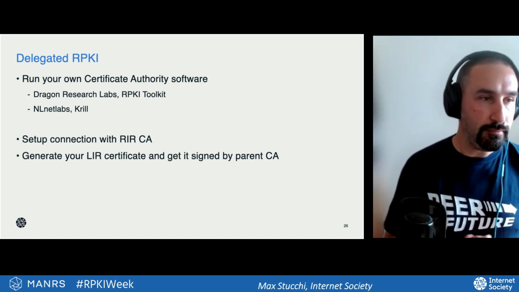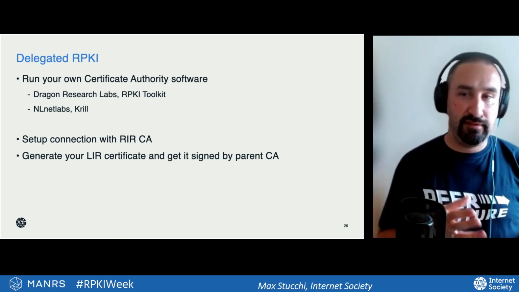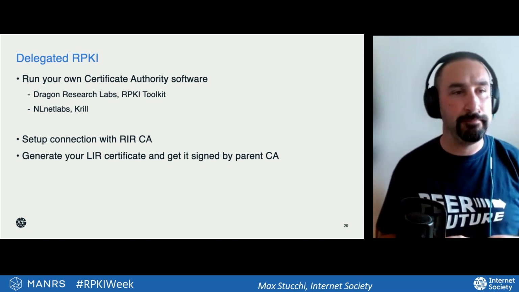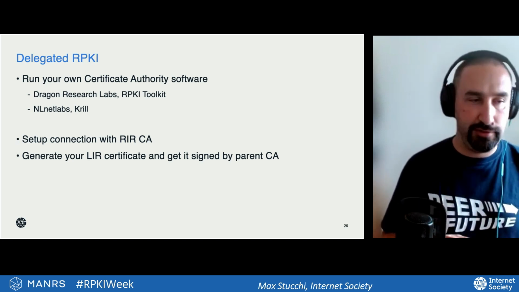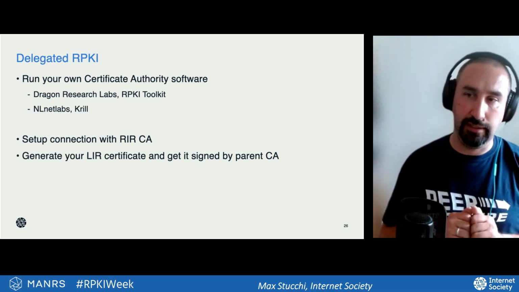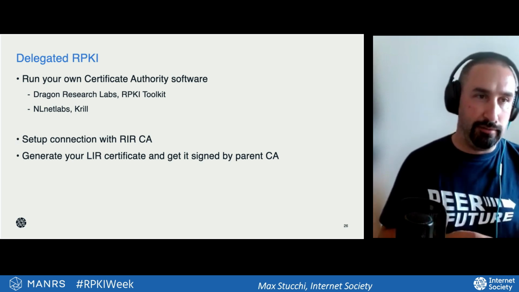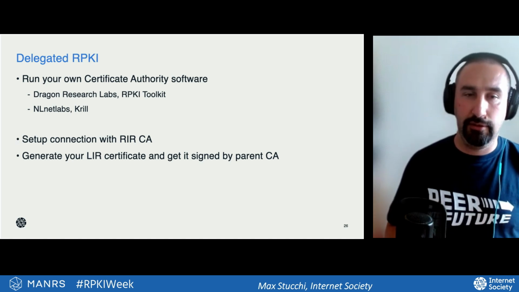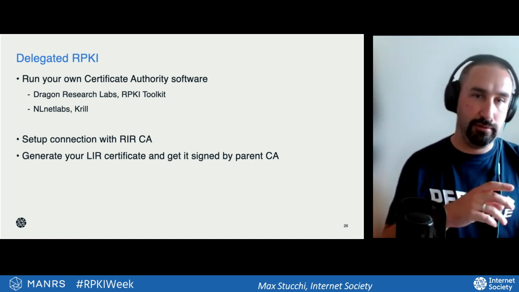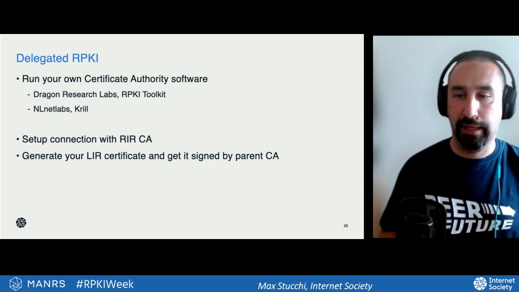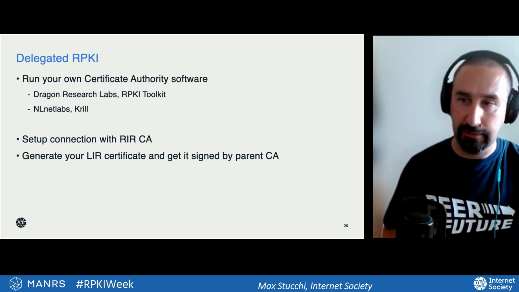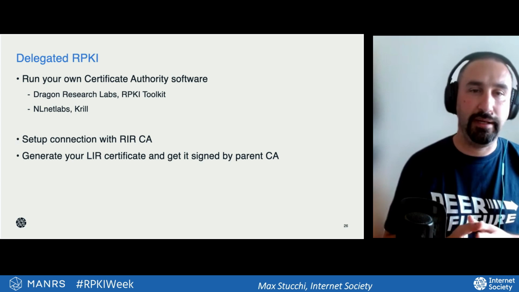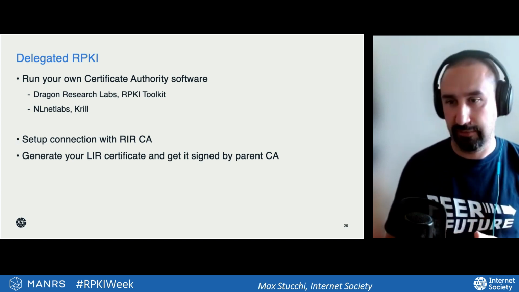Or some RIRs, now ARIN, I know RIPE NCC is working on it, let you have your own software running on your own hardware, you generate your ROAs, you sign them, and then you're given a way to publish those ROAs at your parent, so at your RIR, so that there are not so many distributed endpoints to look at in the world.